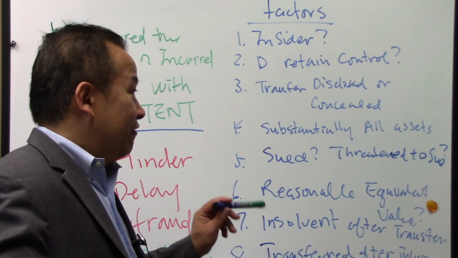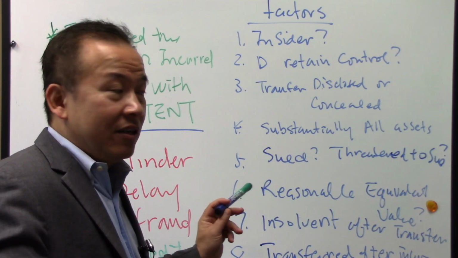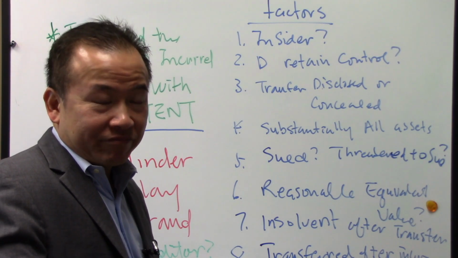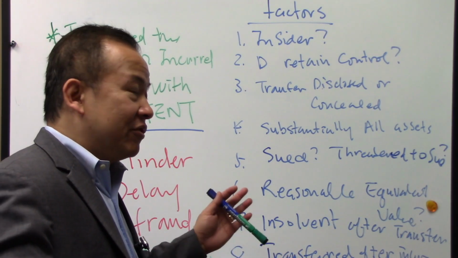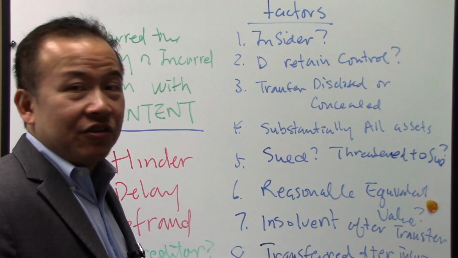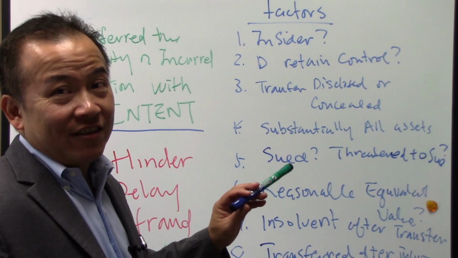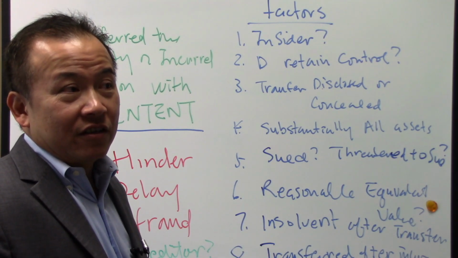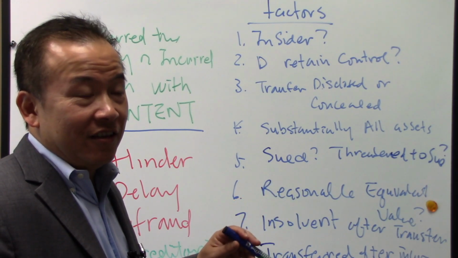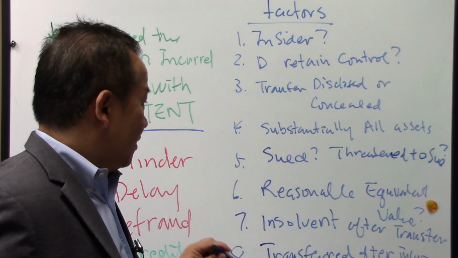If it happens that party A pays the market value for the property, party A might be a bona fide purchaser. And a bona fide purchaser, like we talked about, if that third party has no knowledge of the fraudulent transfer, he's off the hook. Now, if that third party has knowledge of the fraudulent transfer, apparently he's not going to be off the hook, and there's going to be a whole lot of issues for party A.